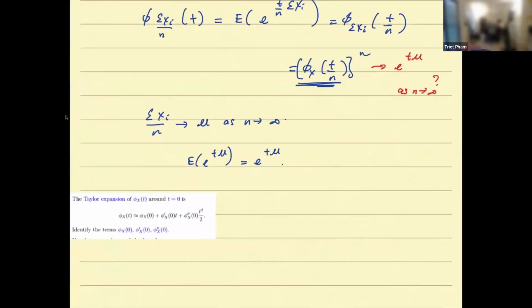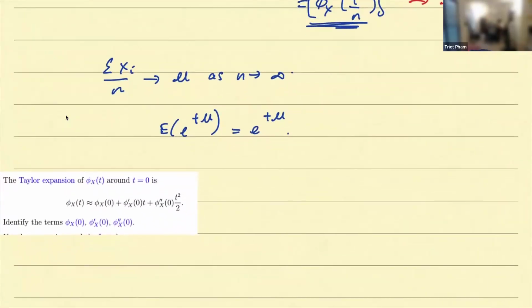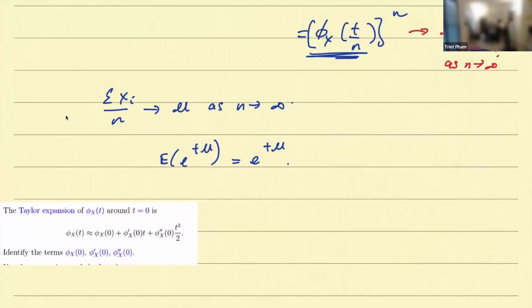So basically this mysterious function. And notice, why do we care for the Taylor expansion here around t equal to 0? Because as n goes to infinity, t over n goes to 0. So that's why the Taylor expansion will be a relevant substitution for phi sub x of t over n as n goes to infinity. Do you understand?